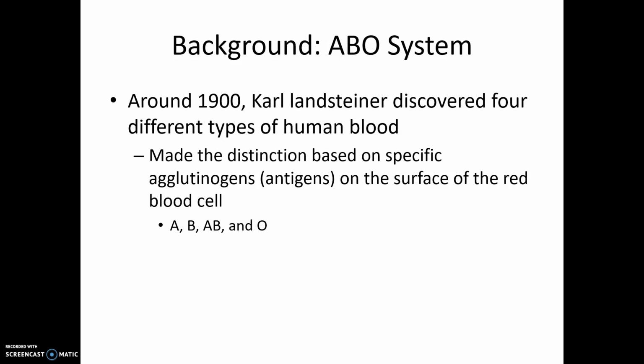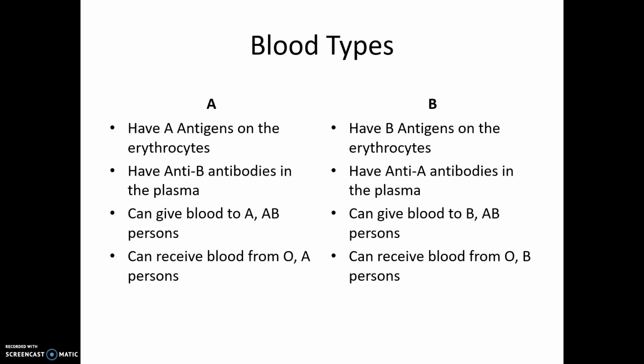This is going to be a big deal when we talk about who can donate blood to whom and who can receive blood from whom. Like I said, there are 4 different blood types, and we're going to go through each of them and their characteristics. Please pay attention, because on your quiz or test I'm going to give you a person and ask who they can receive blood from or donate blood to. This is information you're going to need to know.